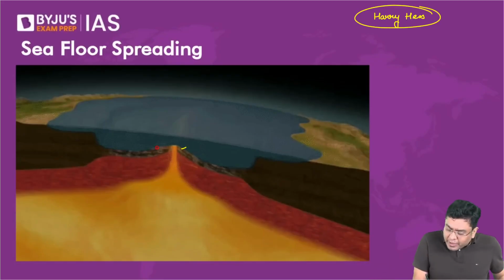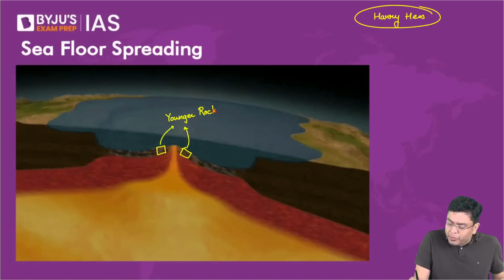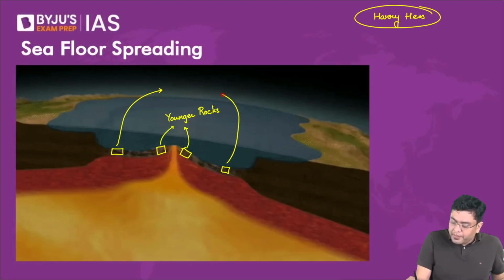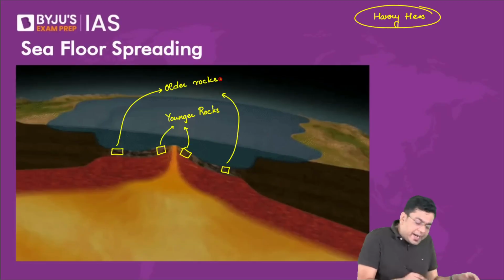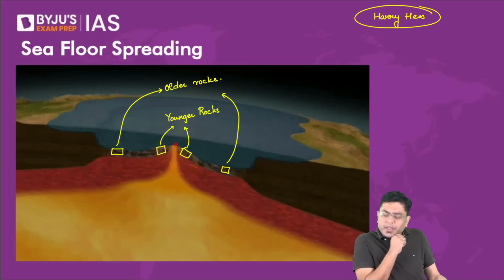He observed that the rocks closer to the ridges are younger rocks, and as one moves away, you come across older rocks. So what does that indicate? That newer crust is getting created at this region of mid-oceanic ridge, isn't it?